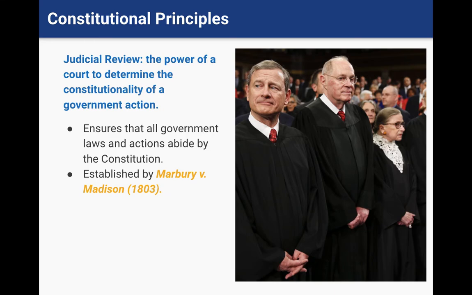This doesn't mean that it's just going away entirely. It's going to have to go all the way to the Supreme Court before something like that is finally determined, before it's really final. But it's designed to try and protect people from government encroaching on things like life, liberty, property. There's my boy John Locke once again. Okay. And again, when we get to the judicial branch, we'll look a little bit more into this.